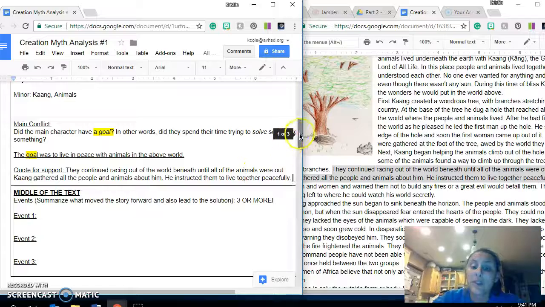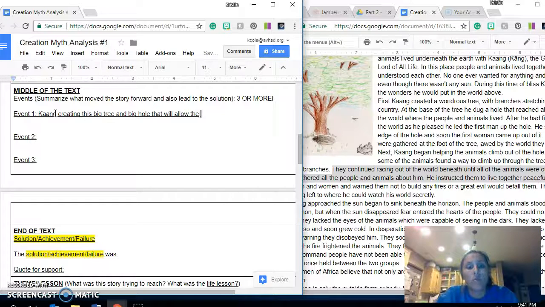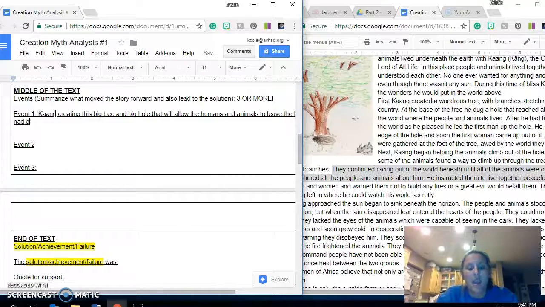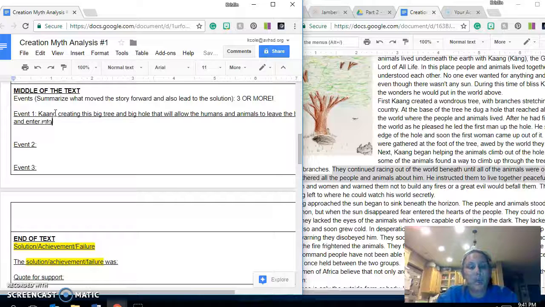Okay, let's look at the middle of the text. So we're going to go with, event 1 is Kang creating this big tree and big hole that will allow the humans and animals to leave the below world and enter into the above world. Okay.